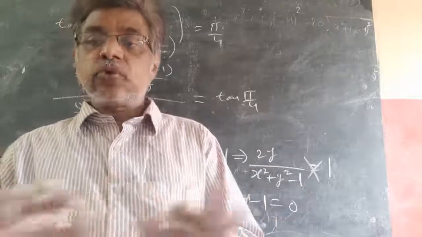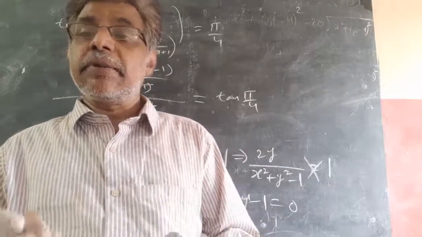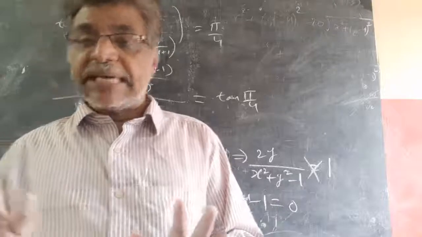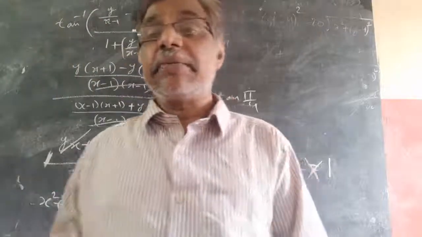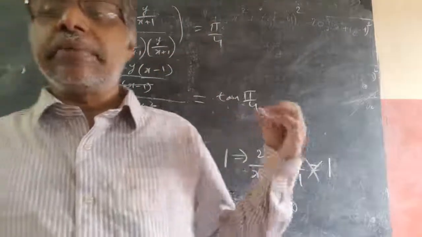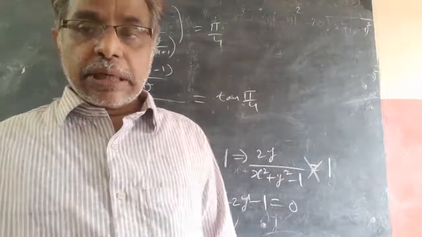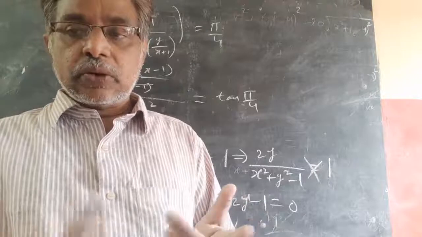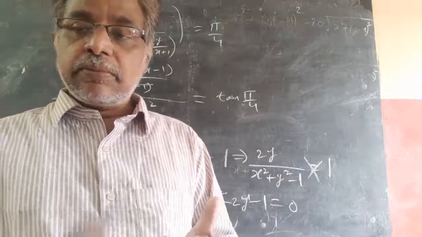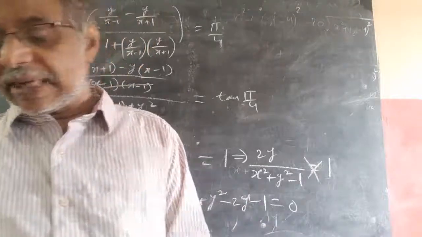Recently they divided it into two separate chapters, but both are one chapter only, completely related, like matrices and determinants. So this total chapter carries 17 marks. In complex numbers you will get one 4 marker and two 2 markers. De Moivre's theorem one 7 marker and one 2 marker, total 17 marks.